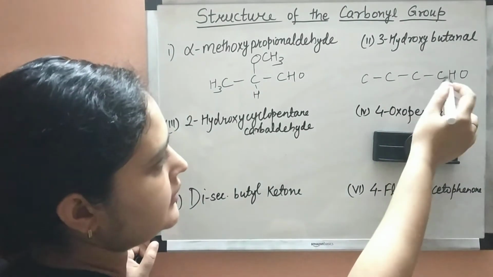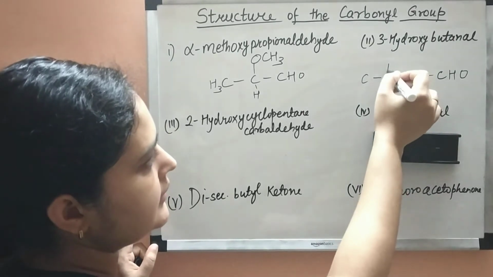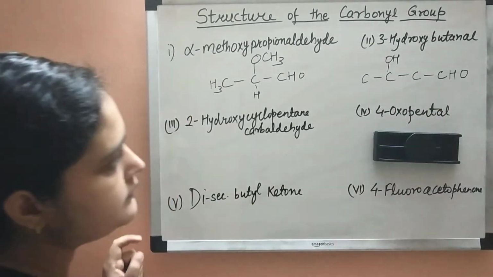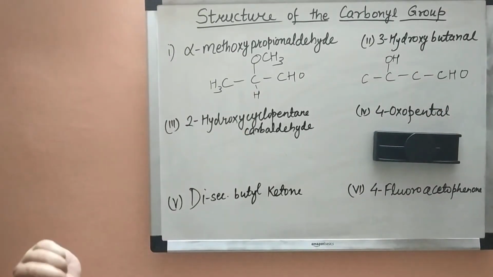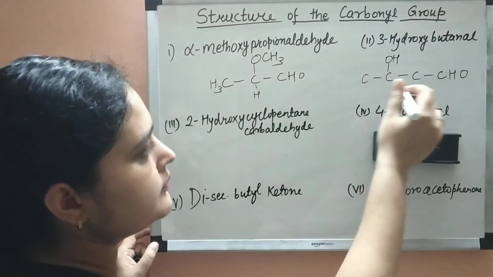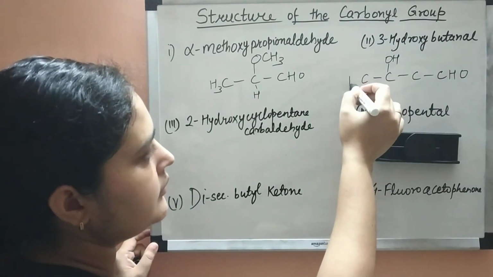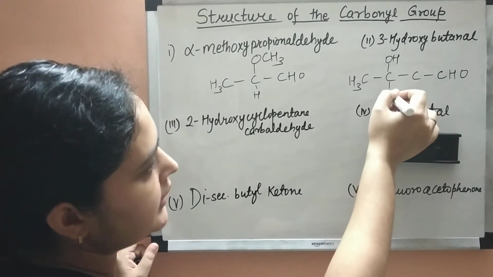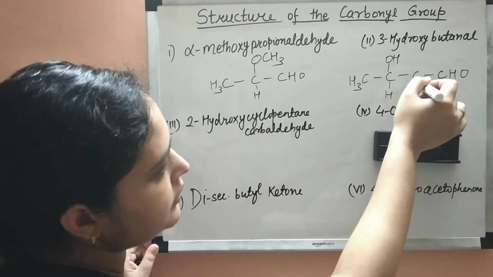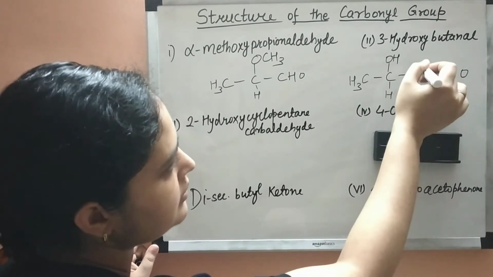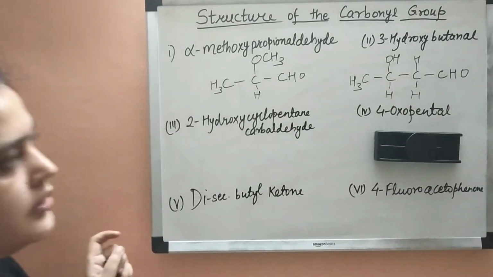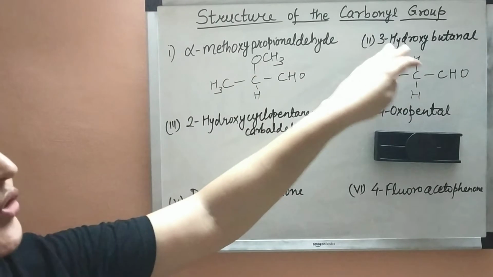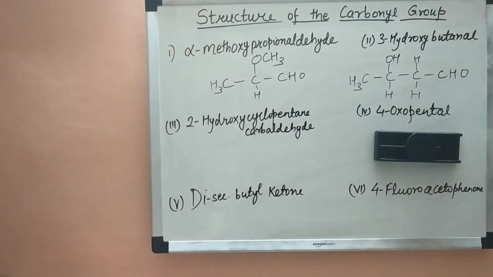So this is first, second, third is OH. So this is the basic skeleton. Now we will make the valency of carbon. So here CH3, here 1 hydrogen atom, here 2 hydrogen atoms. So this is what the structure of 3-hydroxybutanol is.